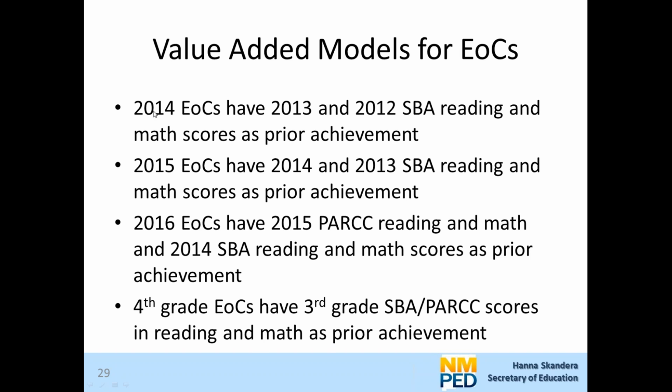So similar to 2014 and 2015, where they were just SBA, in 2016 they were PARCC. So we use the reading and math scores from the SBA and PARCC as a proxy for prior academic preparation for the end of course exams.